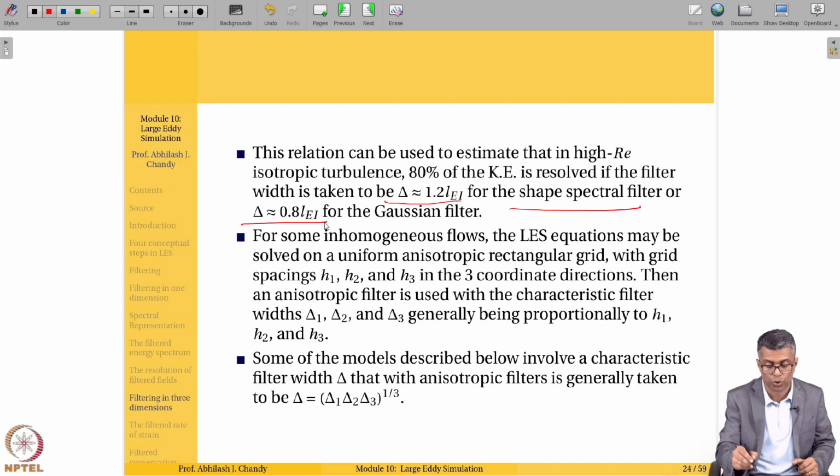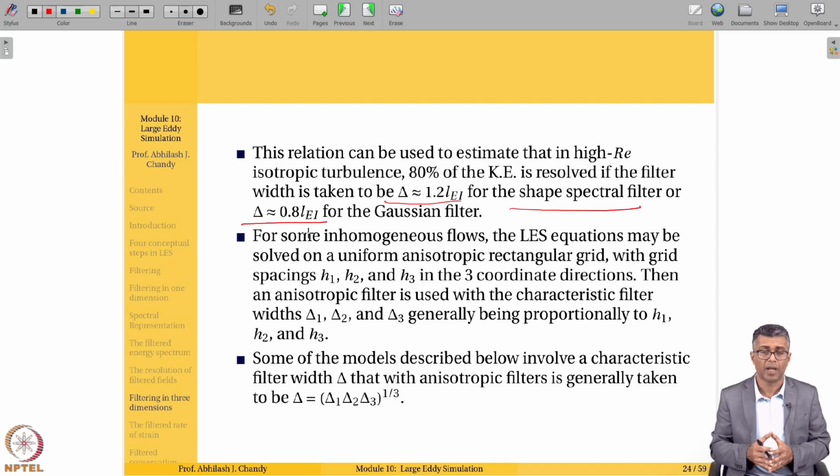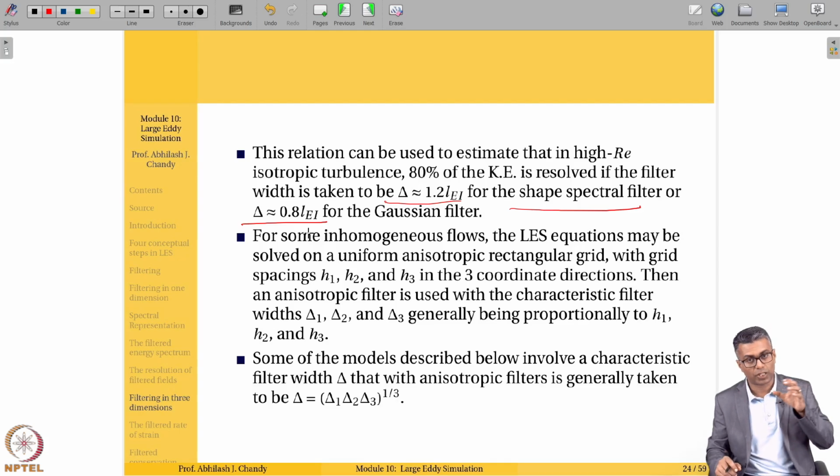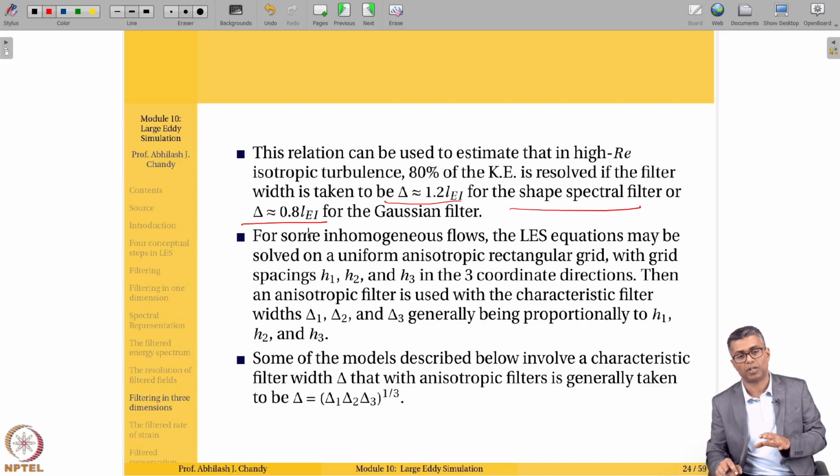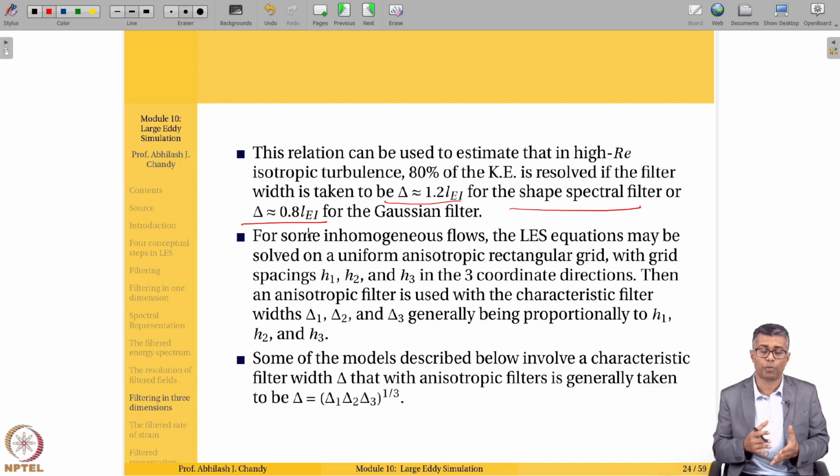If you choose these numbers, you will resolve 80% of the energy. You will not resolve 20% of the energy, but you will resolve 80%. Whether that is sufficient depends from problem to problem.